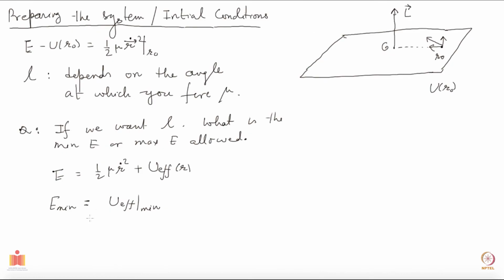So anyhow, the minimum energy that the particle can acquire is equal to the minimum value of U effective. It cannot go lower than that, because going lower than that would mean that this piece has to become negative, which is not possible, because it's a square of a real number which will be positive.